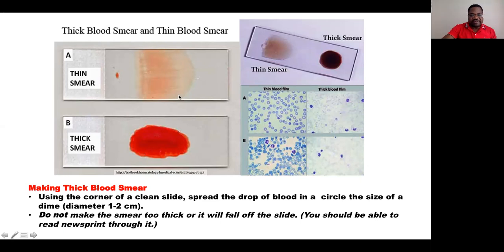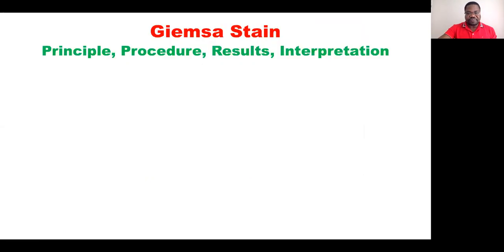Now here you can see the difference between the thin smear and the thick smear. It's advised that you make at least 2 slides of thin smear and 2 slides of thick smear, just to try to increase the sensitivity of the test. So that's how you make the thin and the thick smear.